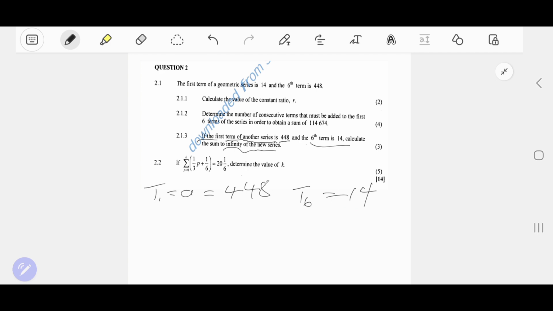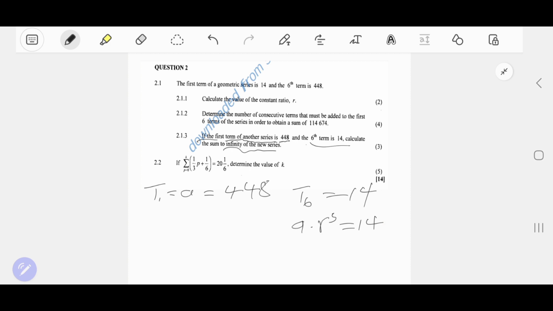But also you know that this information is from my previous video, people. Make sure you go and watch the video below before this one, and then it will make sense. My T6, I know it can be represented by A multiplied by R to the power of 5, which is equal to 14.